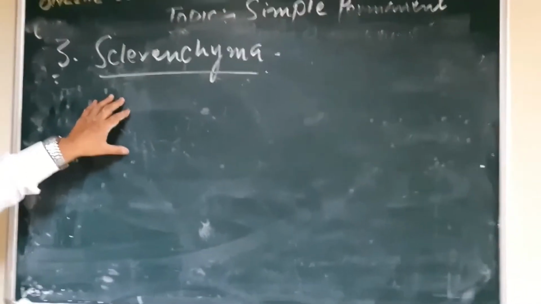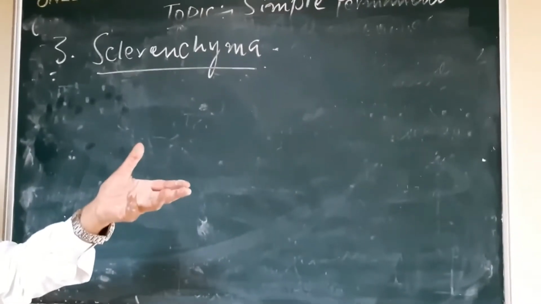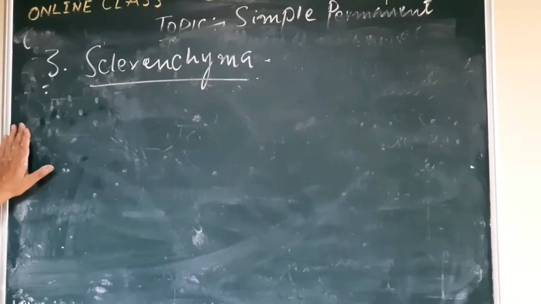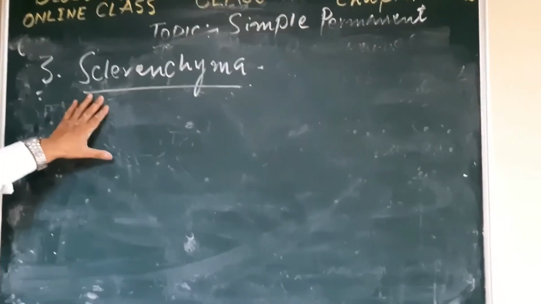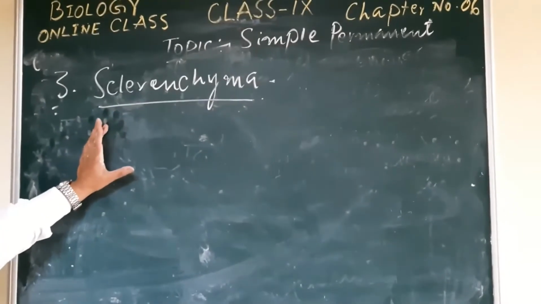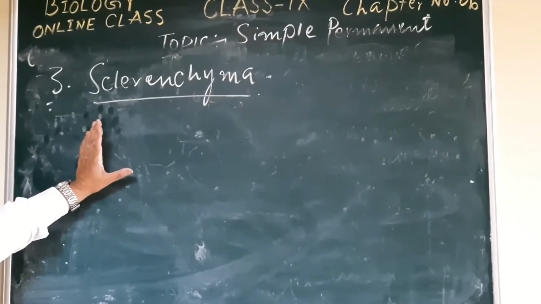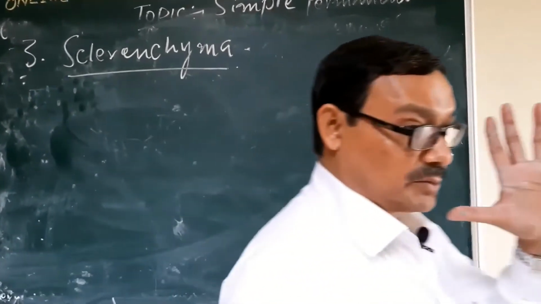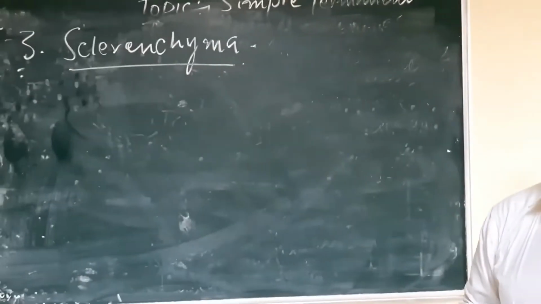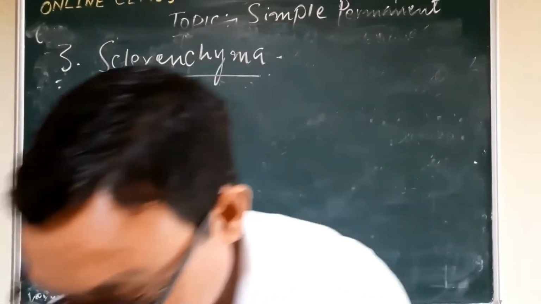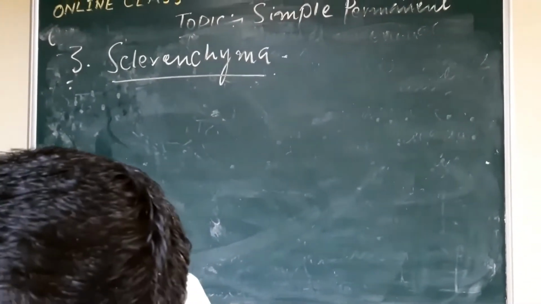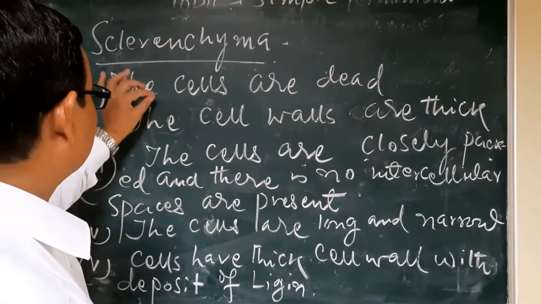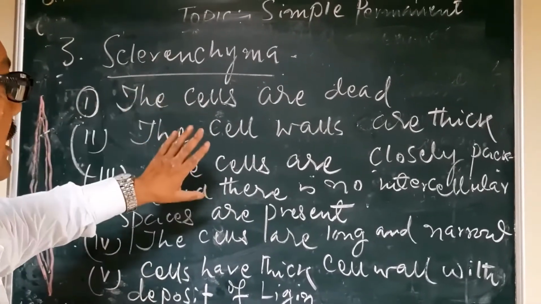When there are dead cells, usually the cell walls are thick, and this tissue is present in the harder parts, and it is mainly related with the protective functions of the plant body. Here are some special features of this tissue. I have written some special features of the Sclerenchyma.